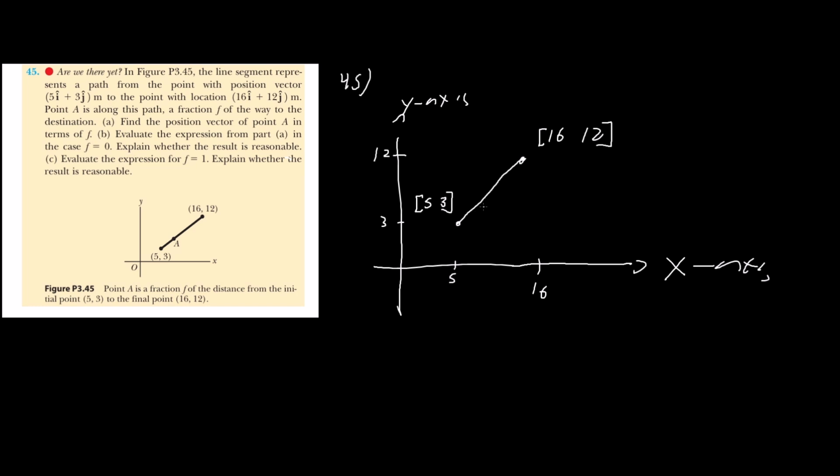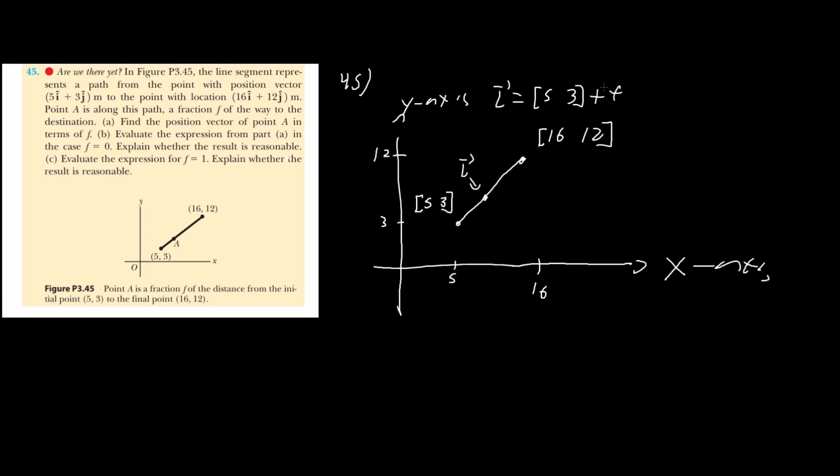Point A is going to be some vector, which I'm going to call L. And L is going to be where its starting point is, plus the direction of some magnitude of f. Notice that that's exactly the way I'm going to express this, folks.